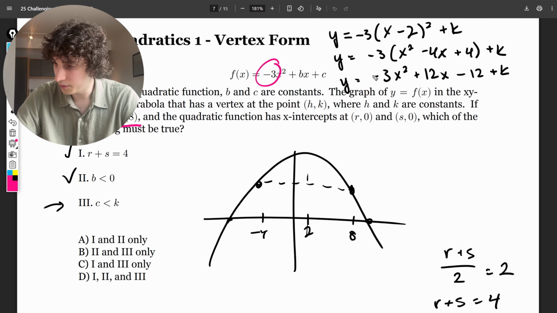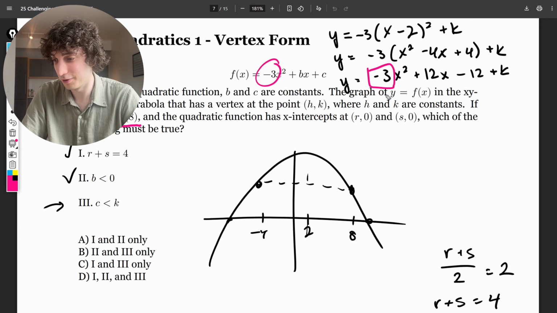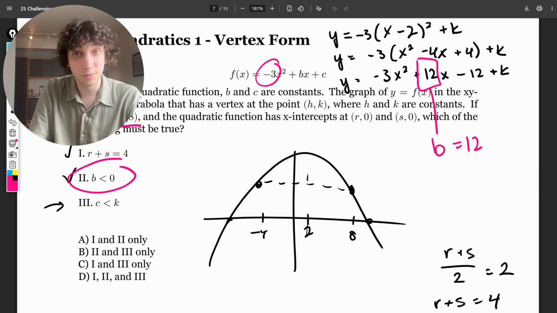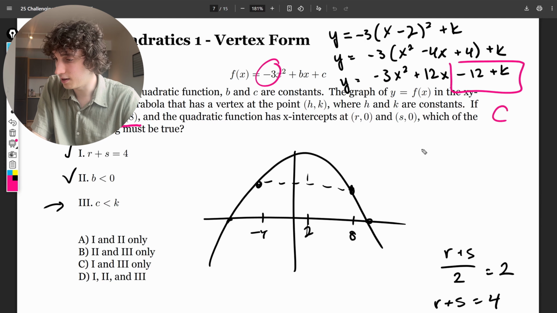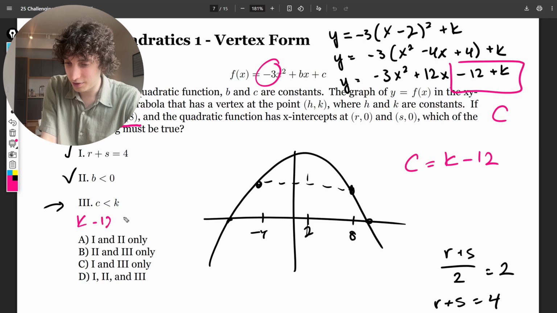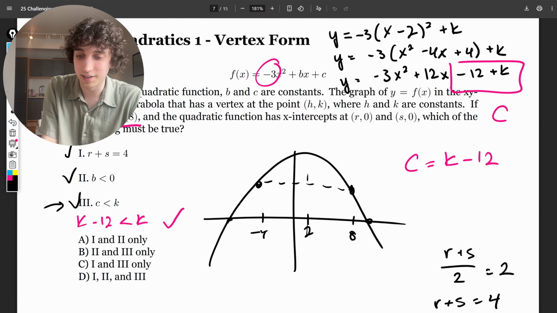And so sure enough, from this, we've identified our a. It's the same a as we originally had. That's no surprise. But now we have a definitive value for b, so this could also be used to figure out answer choice 2. And we have a definitive value for c, where c equals k minus 12. And so then the question is, is k minus 12 less than k? Yeah, it is. So we can say answer choice 3 does indeed need to be true.